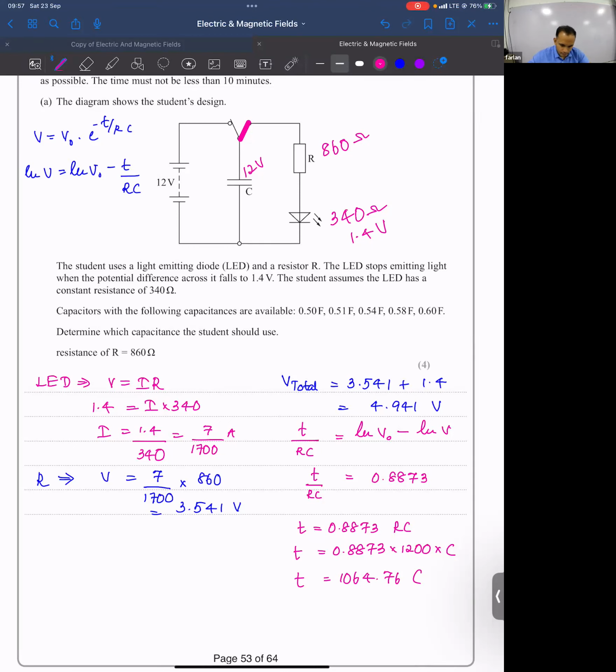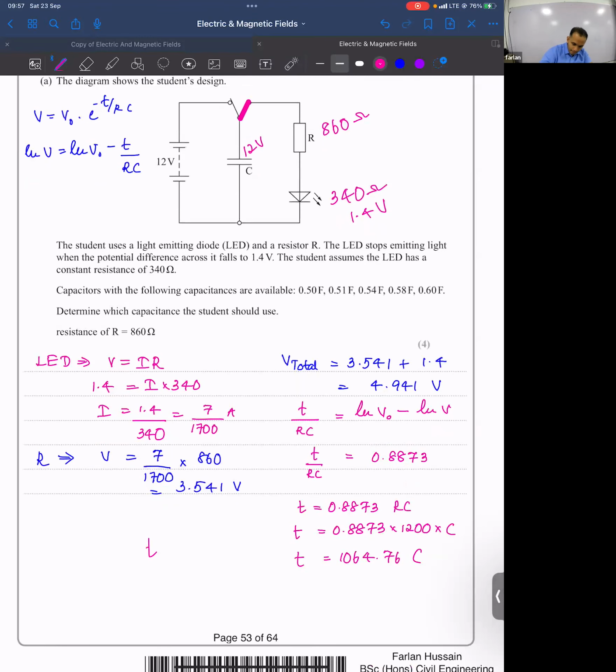Okay. Now the T should be what? T should be greater than or equal to 600 seconds, right? Not less than 600. Agree? So I will check the options available. 1064.76 multiplied by 0.5 gives me 532.